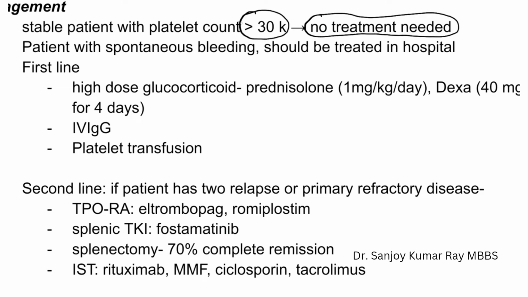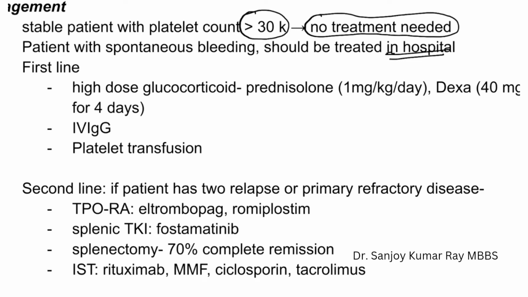No need to treat the patient having a platelet count more than 30,000. But when the patient presents with spontaneous bleeding, usually with a platelet count less than 20,000, the patient should be treated in hospital. That means the patient needs hospital admission.